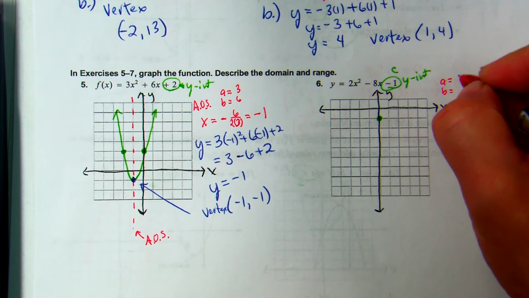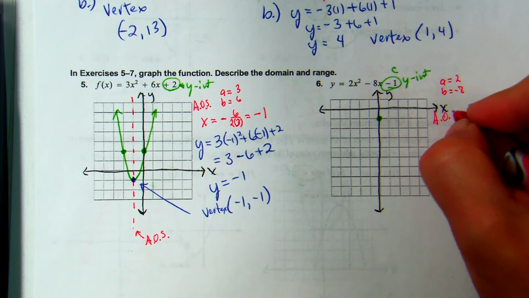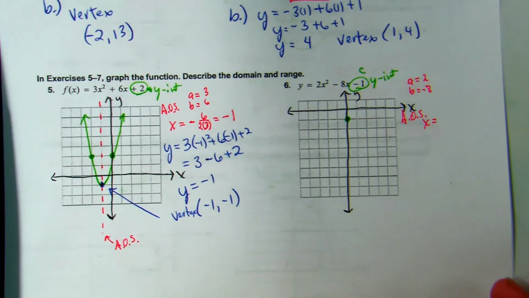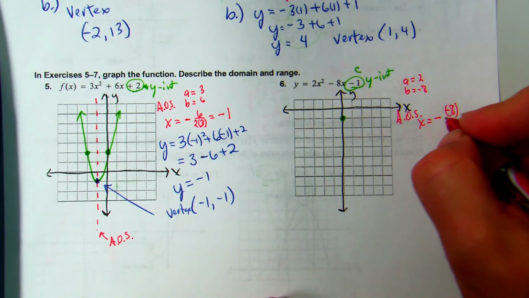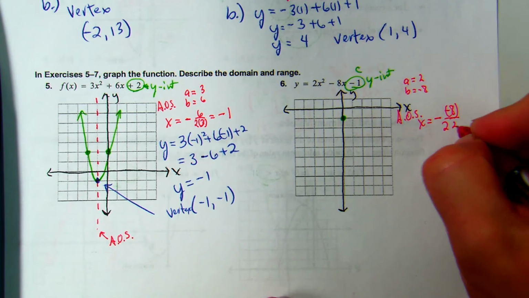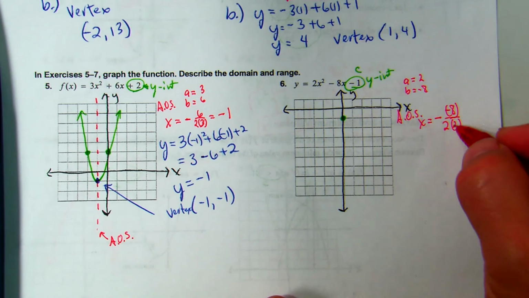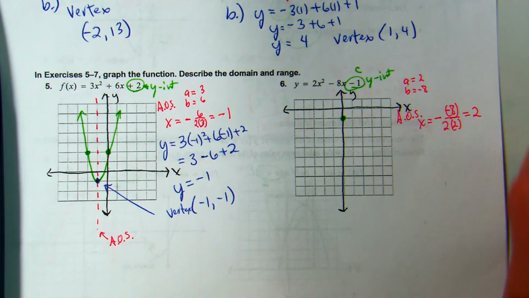Finding A and B, I can plug it in, so the axis of symmetry is going to be x equals -8 over 2 times 2. Okay, so negative makes a positive. 8 over 2 times 2, or 8 over 4, is going to equal a positive 2.